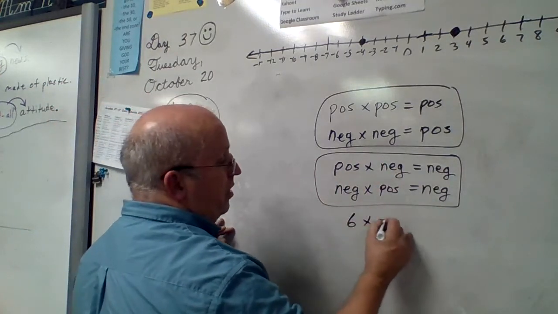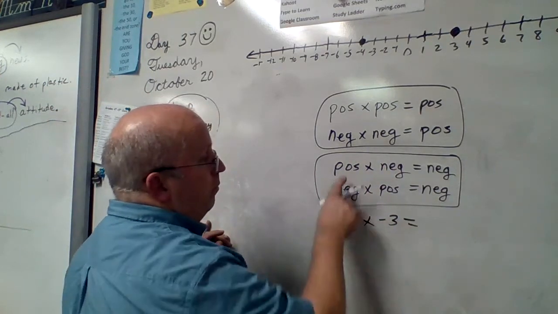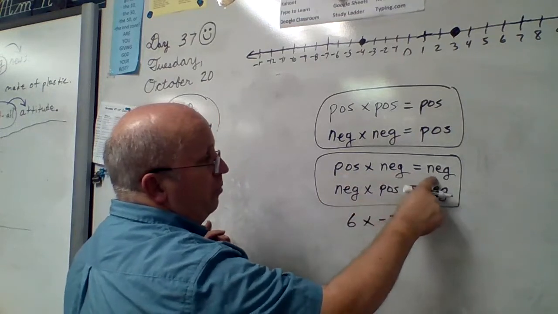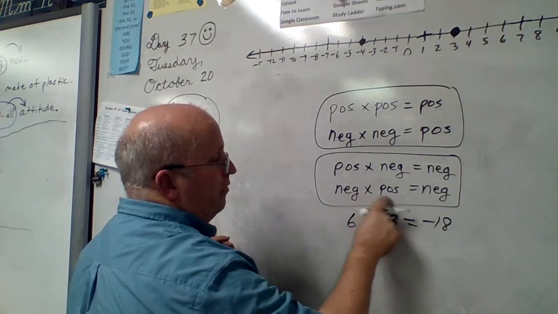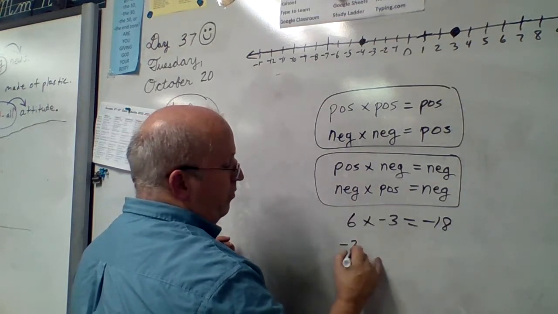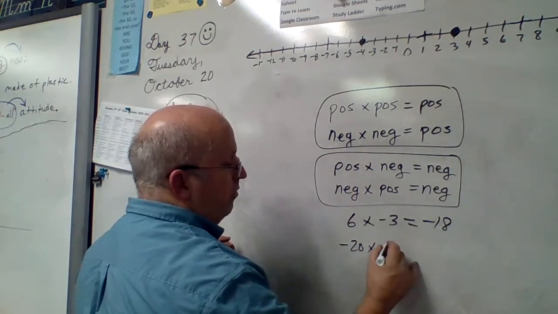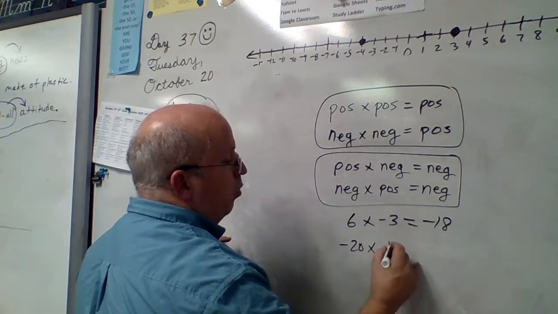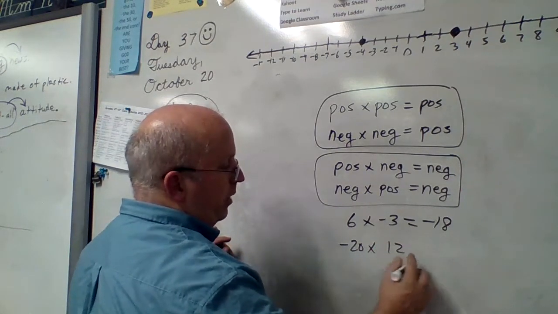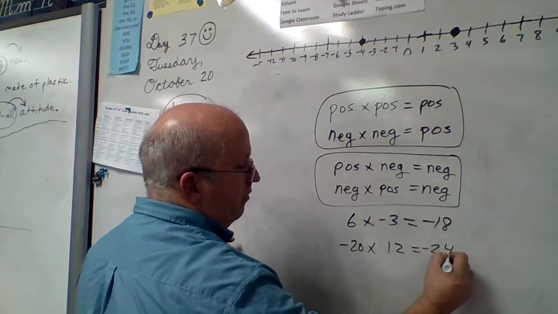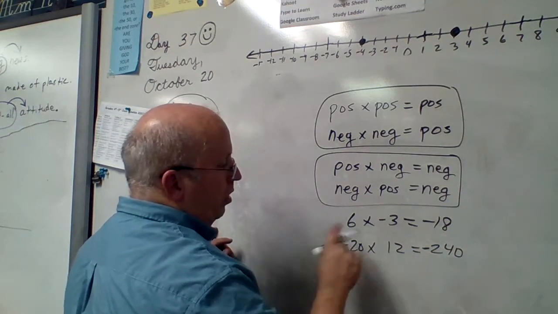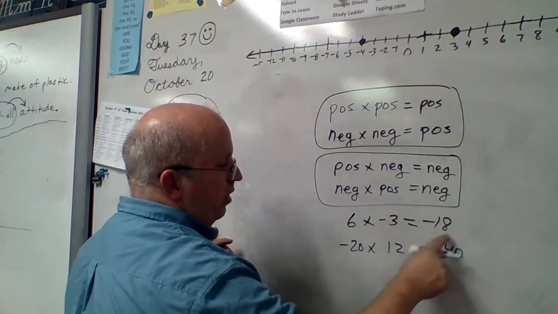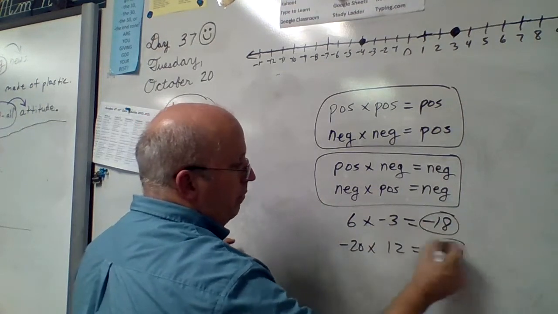Positive 6 times a negative 3. Positive times a negative. The answer must be negative, negative 18. How about a negative times a positive? How about negative 20 times a positive 12? Negative 20 times a positive 12. That's negative 240.